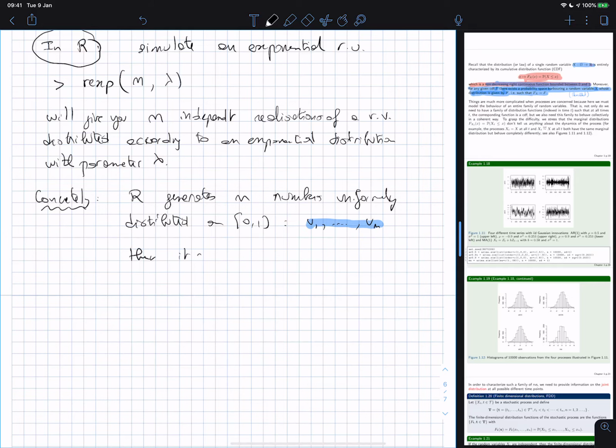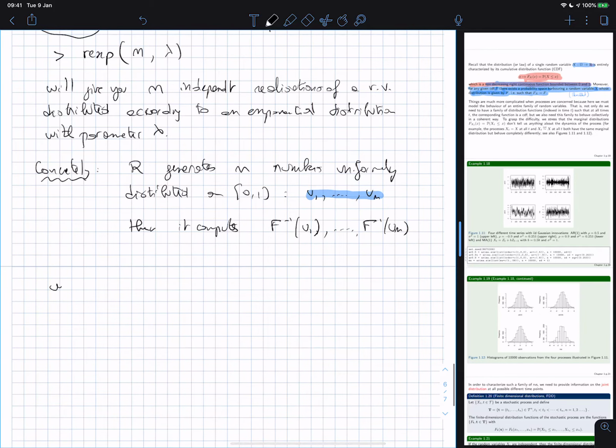And then it computes F minus 1 of U1, up to F minus 1 of Un, where F of x is the CDF of an exponential distribution. What's the CDF of an exponential distribution? It's 1 minus exponential of minus lambda x, indicator of x greater than 0.